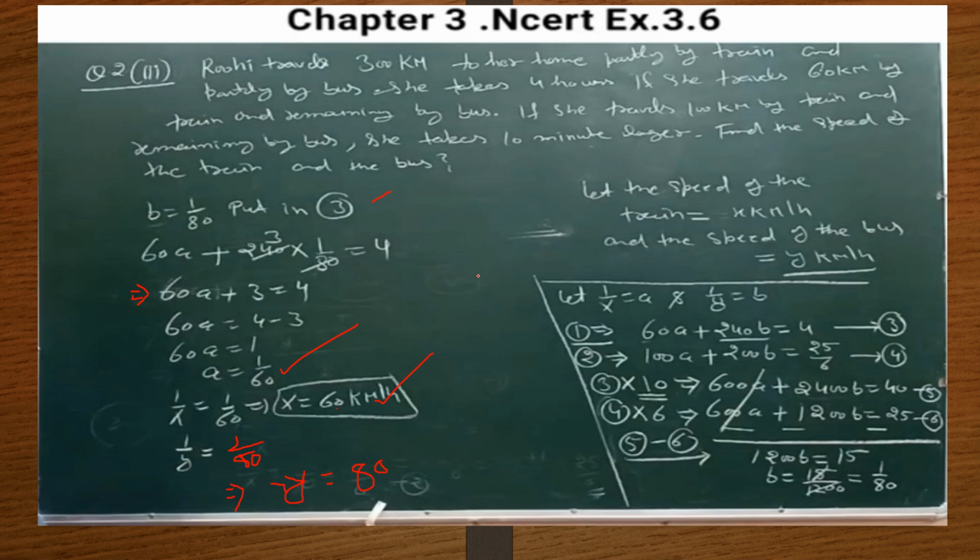That means the speed of the train is 60 kilometer per hour and the speed of the bus is 80 kilometer per hour. This is how we can solve these types of questions. Now we will discuss some more questions. Here you have to attempt some more different word problems. Fine.